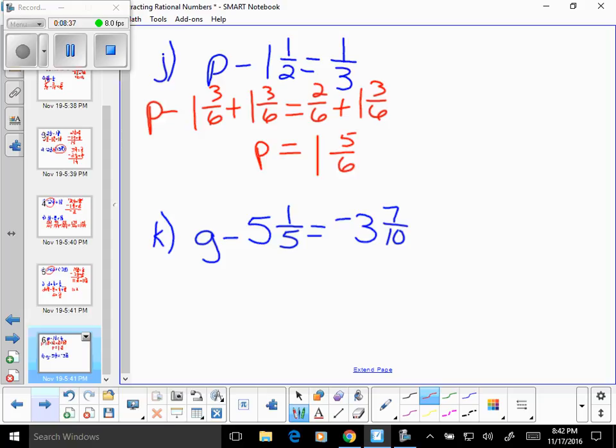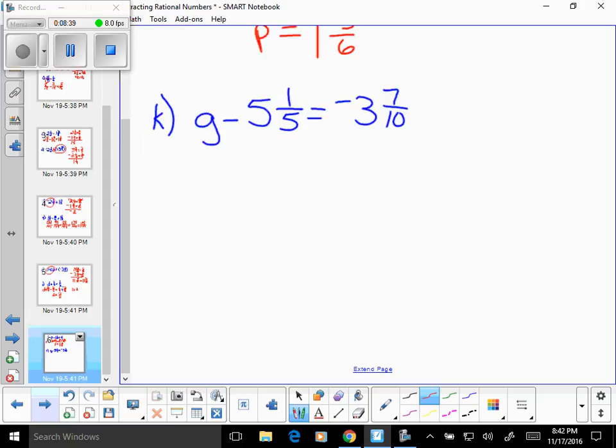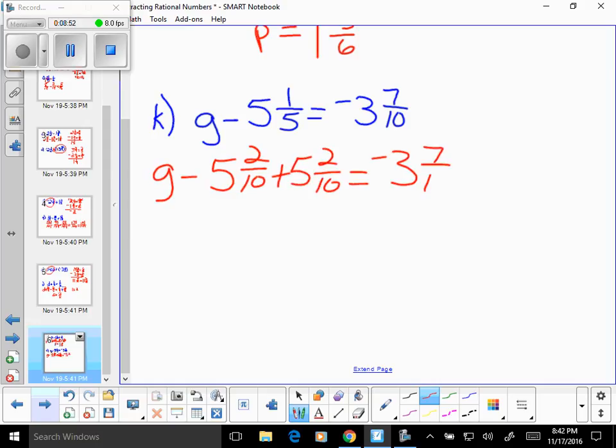In K, I'm going to have to take into consideration the fact that I've got a negative integer. My common denominator is going to be 10. 1/5 is 2/10 plus 5 and 2/10 equals negative 3 and 7/10 plus 5 and 2/10. Now here again, you have to remember that you're subtracting.